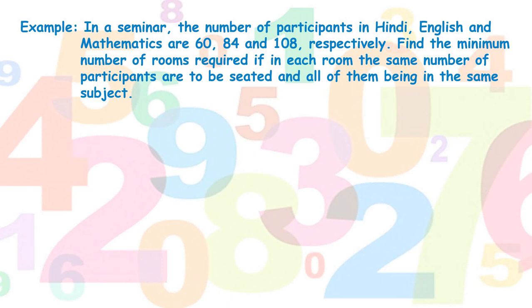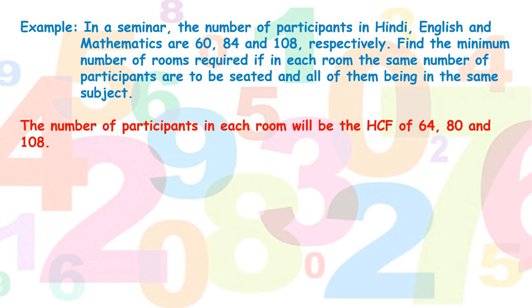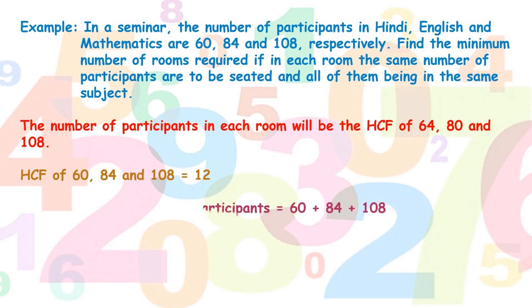So to find the maximum number of participants in a single room, we first find the HCF of 60, 84 and 108. Find the HCF of these three numbers. Yes, the HCF will be 12. Now we will find the total number of participants, that is 60 plus 84 plus 108.